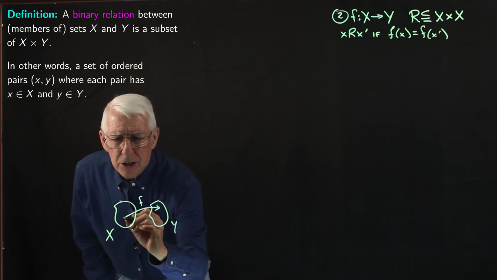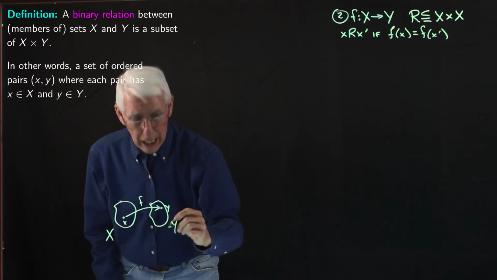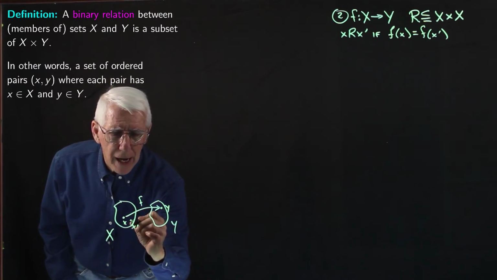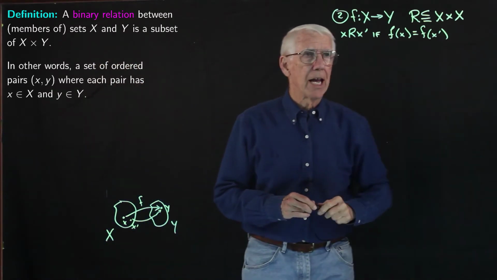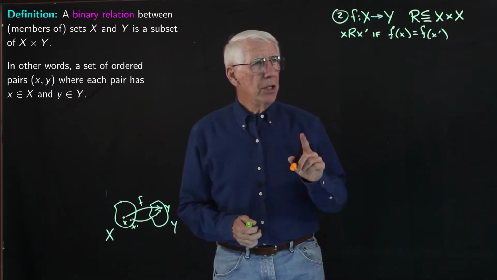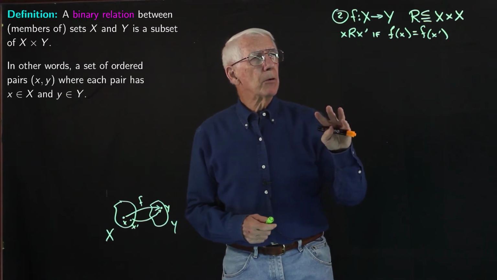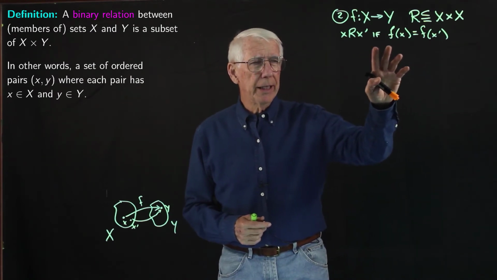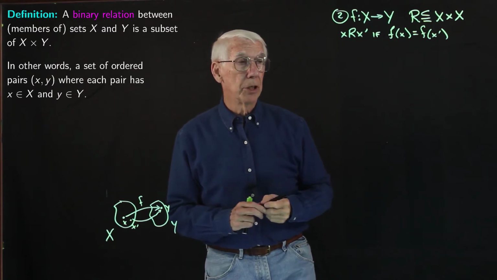That would be a situation like here, where we have an X that goes over to some element Y, and then we have maybe another element X prime in the domain that gets mapped to the same element of Y. And let's notice that there are several characteristics or properties of this specific relation that are kind of interesting, and in fact they're going to turn out to be pretty important.